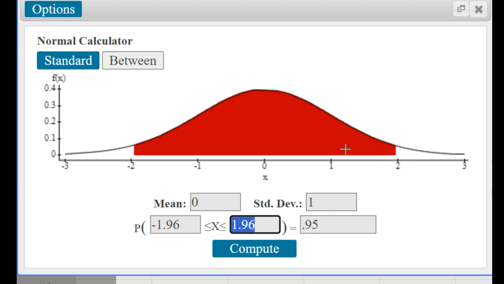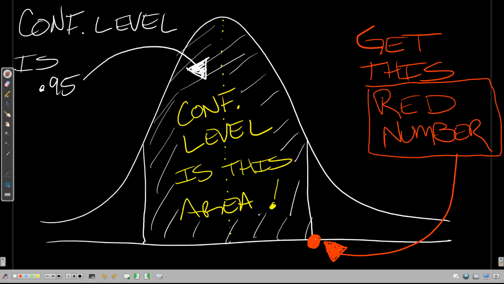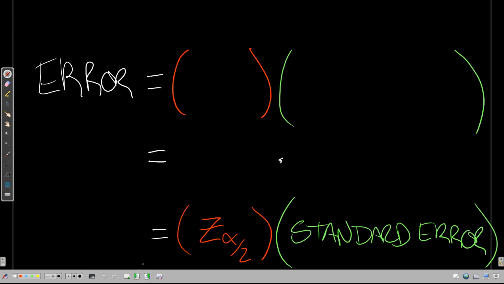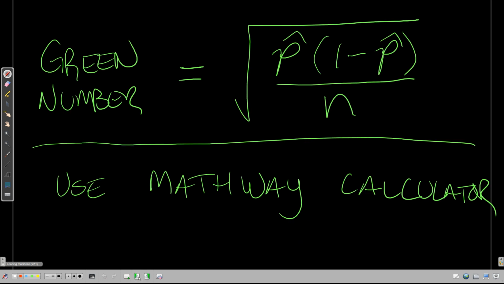Look at how it's almost over the 2, right? So that is at 1.96, that edge right there. And so that's what our red number is going to be. All right, so we have now learned that our red number is 1.96. Okay, halfway done.